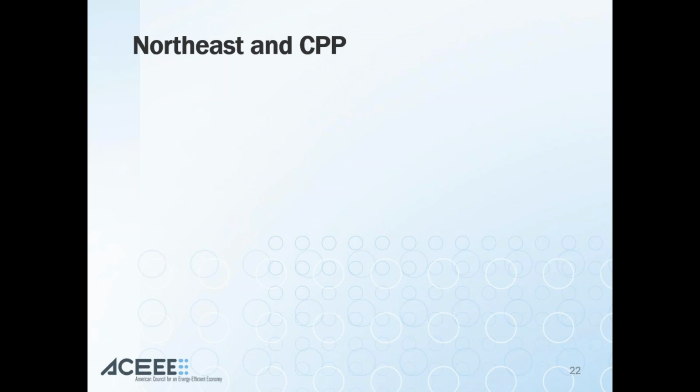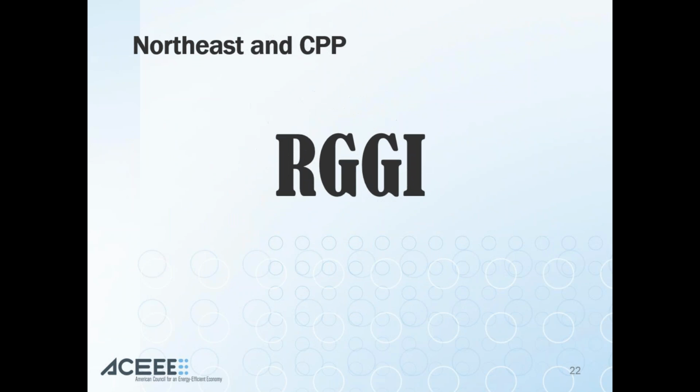So, where Annie had a lot to say about the Northeast, I have a lot less to say. And here's why. The Regional Greenhouse Gas Initiative is the cap and trade program in the region that is already regulating greenhouse gases from power plants.